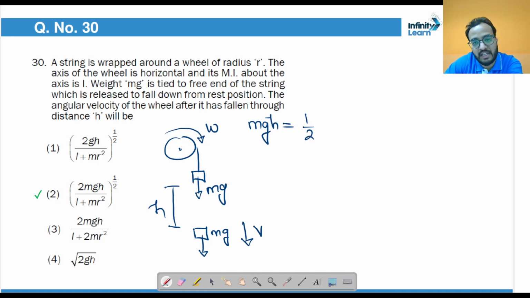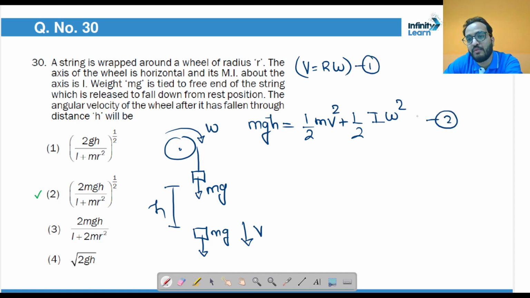The gain in kinetic energy is the kinetic energy of the block plus the rotational kinetic energy of the wheel, so half I omega square. And one more thing, v must be equal to R omega because there is no slipping. So using equations 1 and 2, definitely you will get the answer.